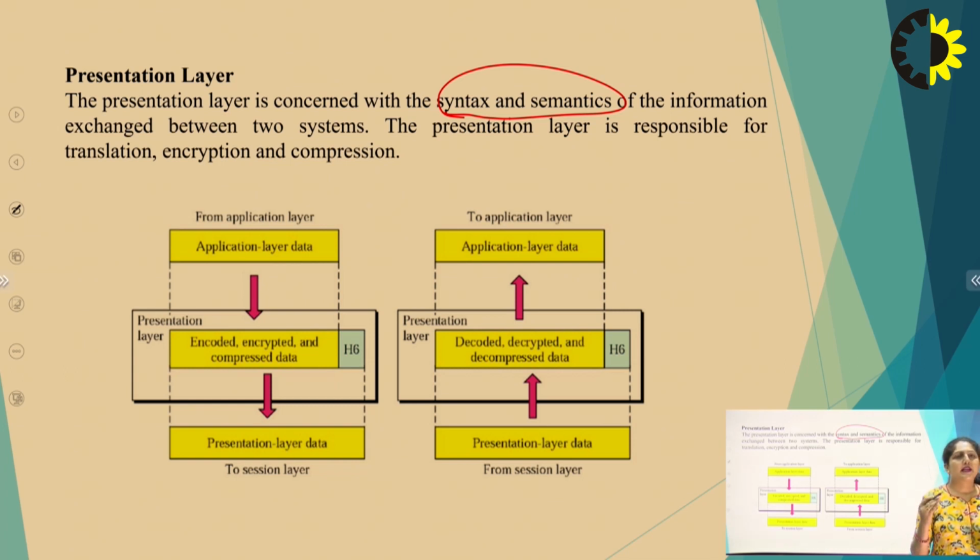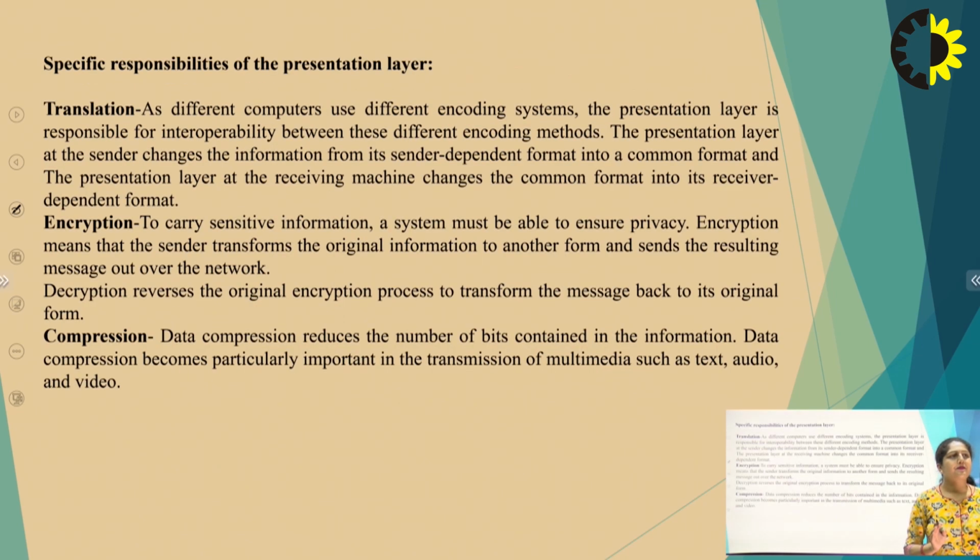The data which we are getting from the application layer, that is from the user, is of very big size, so for translation it is changed into binary zeros and ones. For the security purpose of that data, we will be performing encryption and decryption also, and to reduce the size of the data, we will be compressing it. So these are the three key responsibilities of the presentation layer.